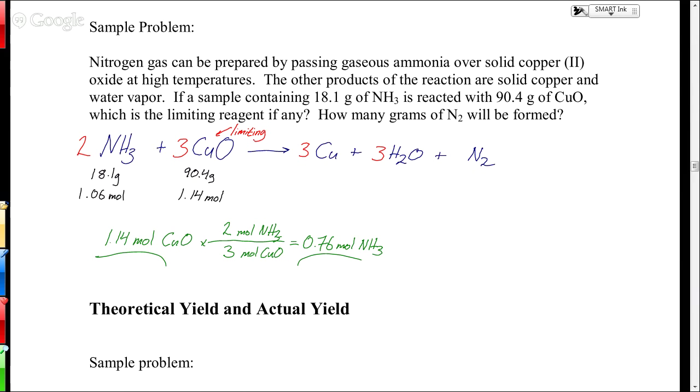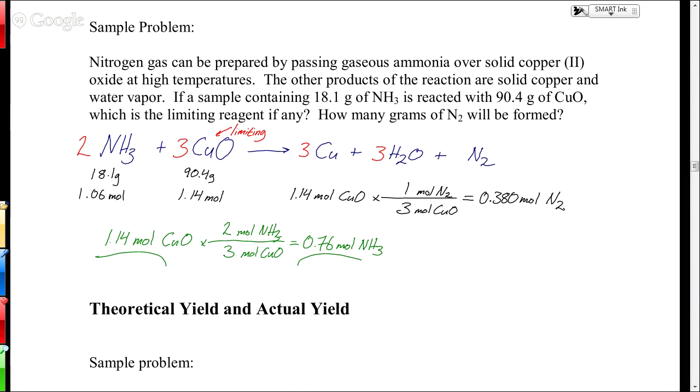So we can say 1.14 moles of copper oxide times 3 moles of that for every 1 mole of nitrogen. That's how many moles of nitrogen will be formed.